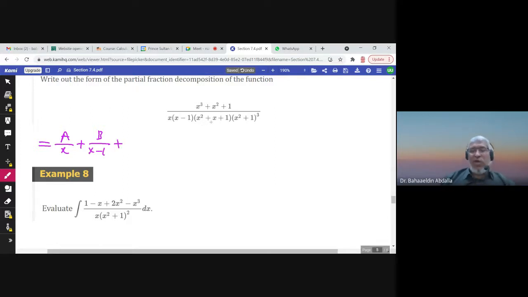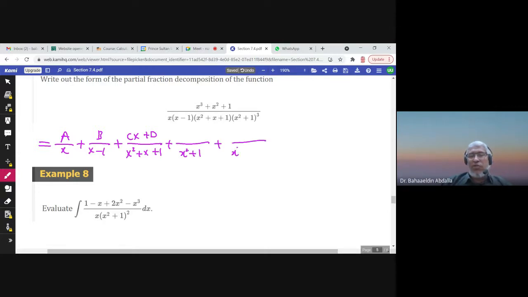And now x squared plus x plus 1, if you find the discriminant, b squared minus 4ac, it would be negative. So I will write cx plus d over x squared plus x plus 1, because it is an irreducible quadratic factor. But x squared plus 1 is also an irreducible quadratic factor, and it's raised to the power 3.